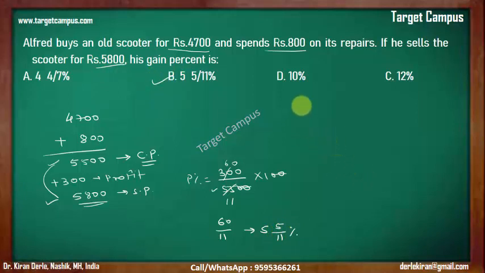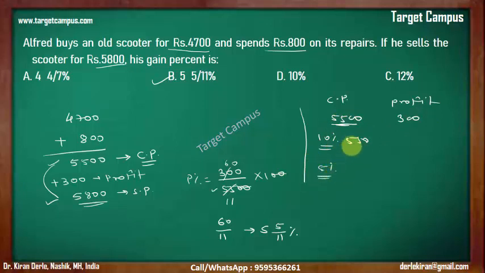There was also another way, guys. Just by observation you can see total cost price is 5,500 and the profit is 300. What is 10%? If he gets 10% profit on 5,500, his profit would have been 550, but our profit is 300. So we think of 5%. 5% is half of this, which is 275.